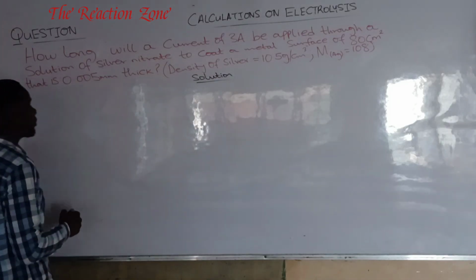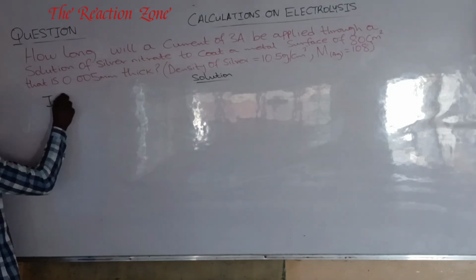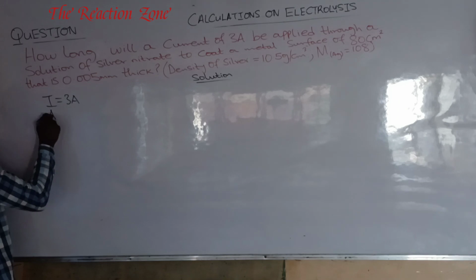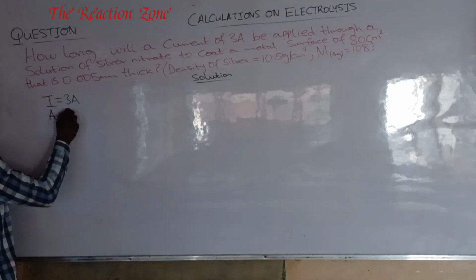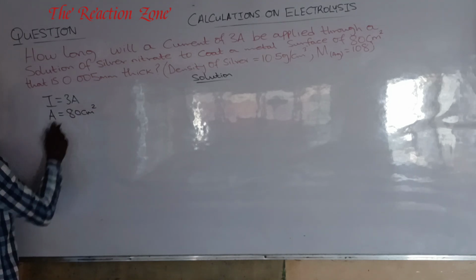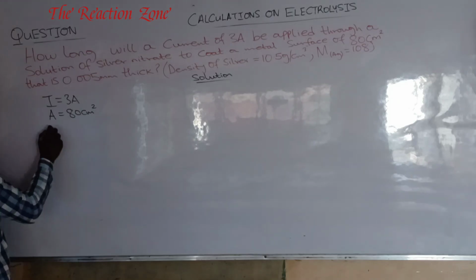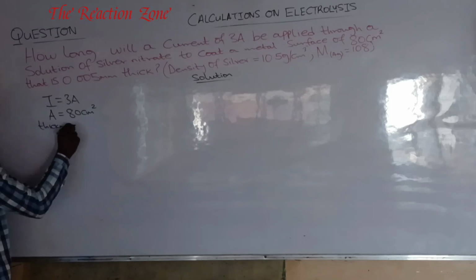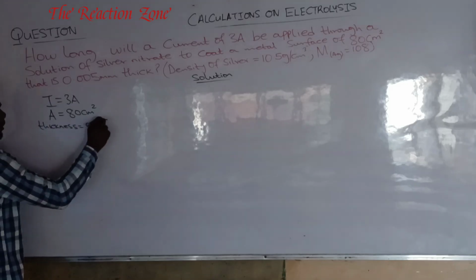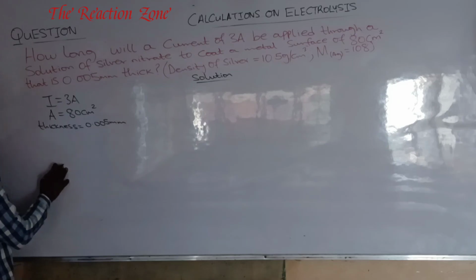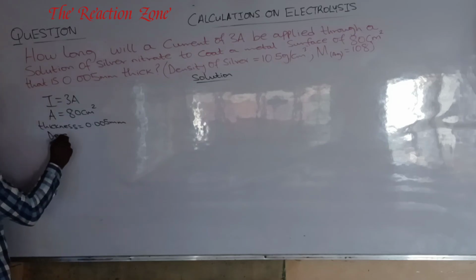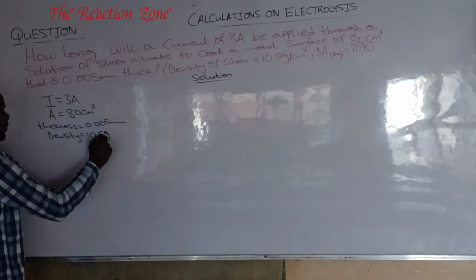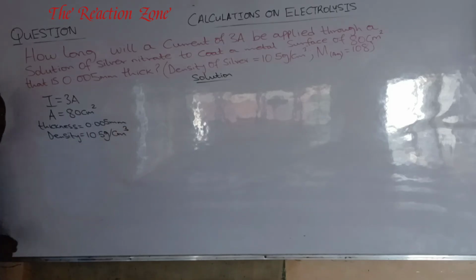So, according to this question, we are given a current of 3 amperes, and then we are given the area of a metal surface to be 80 centimeters squared, and we are given the thickness to be 0.005 millimeters, and then we are given density to be 10.5 grams per centimeter cube.